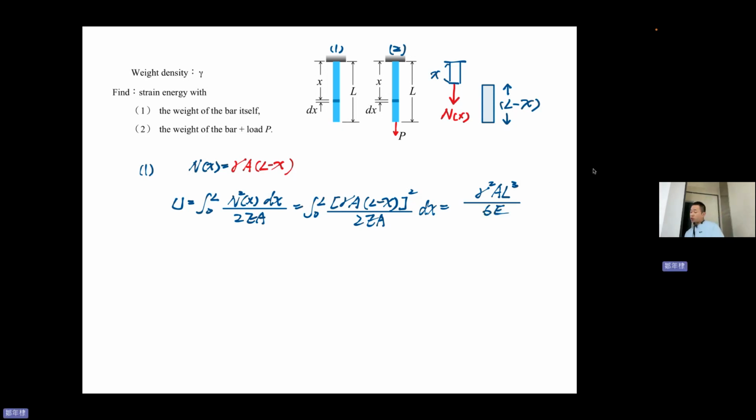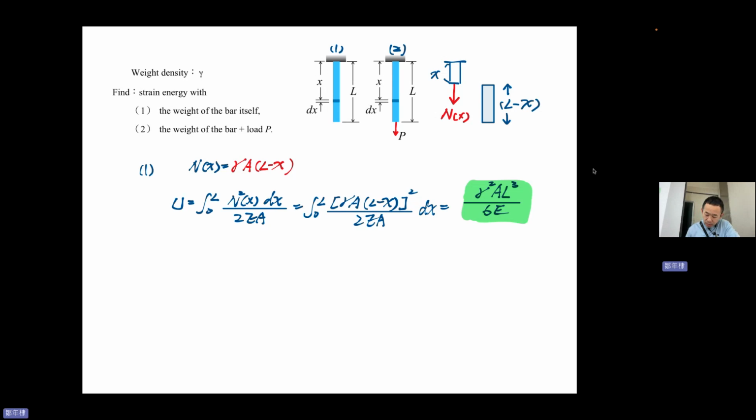Okay, so the first one is easy, only self-weight. So this is a value, gamma squared A L cubed over 6E, purely by self-weight.